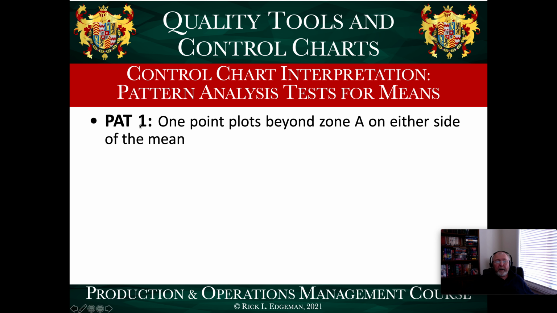PAT 1. It says you have 1 point plotted beyond zone A, either side of the mean. That means you have 1 point that is either above that upper red line or below that lower red line. Now, when you see that pattern, if nothing else has been happening, that usually represents a sudden and large impact.